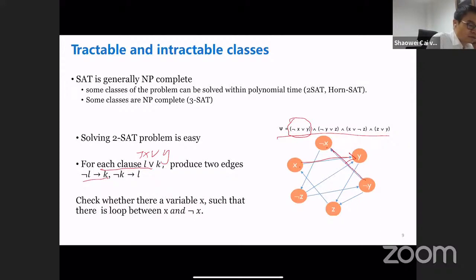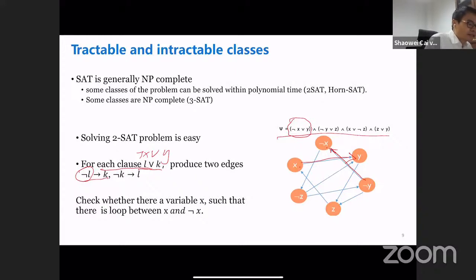So this way. This simply means that if for this two-literal clause, one literal becomes falsified, then the other has to be true, because we must make every clause true in a model, in a solution. So for every two-literal clause, we have produced two directed edges in the graph.